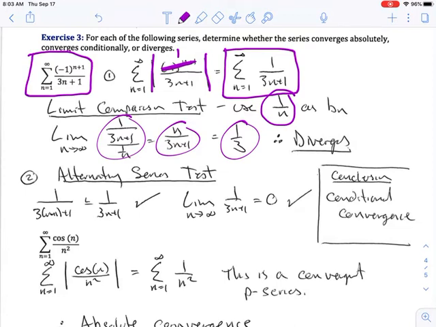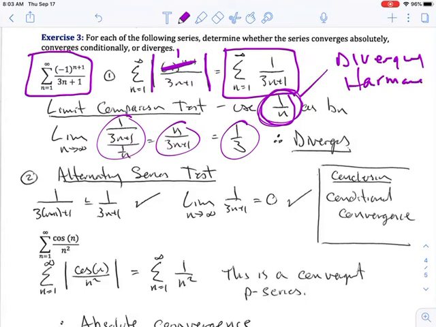The limit comparison test says that if the limit exists, then both the comparison series and the given series diverge or converge. And we know that 1 over n is a diverging harmonic series.